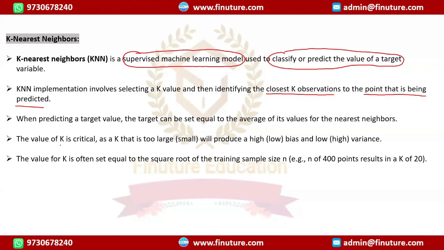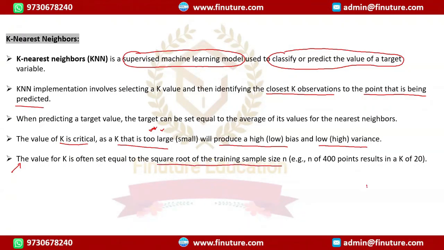The value of k is critical. A k that is too large or too small will produce high or low biases, or high or low variances. Cecilia, to your point, the value of k is often set equal to the square root of the training dataset sample size.